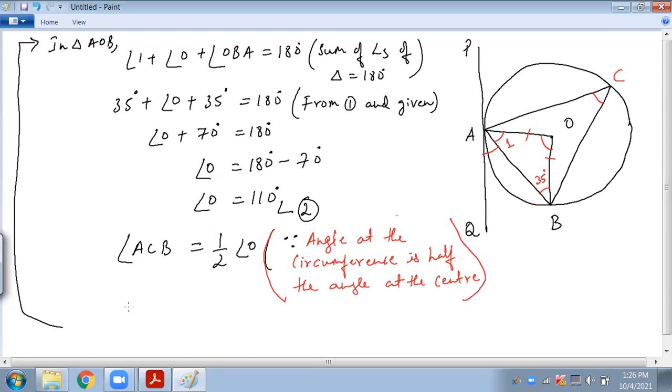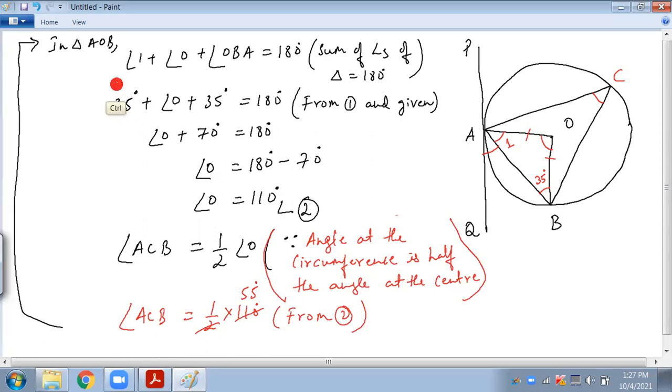Now put the value of angle O from 2 and cut it. On cutting, angle ACB equals 55.